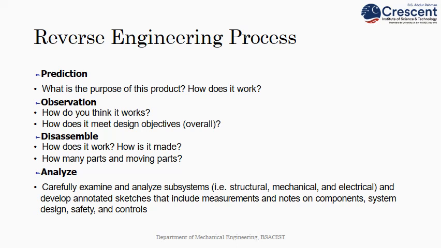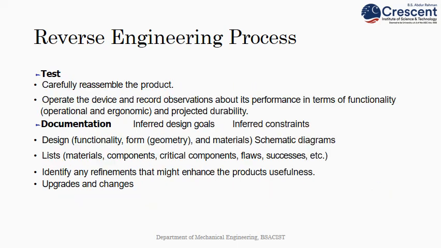We disassemble and then carefully analyze all the systems and subsystems, all the design, safety, and other controls. And finally, we need to test carefully, reassembling the product, operating the device, and recording observations about its performance in terms of functionality.